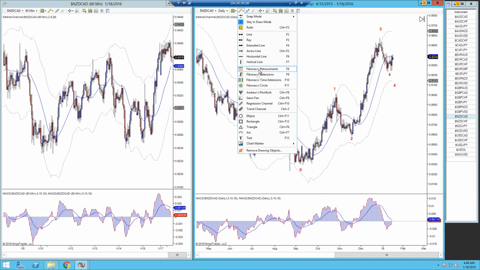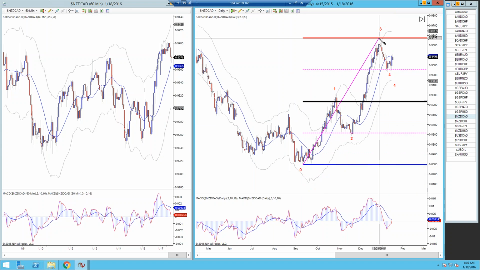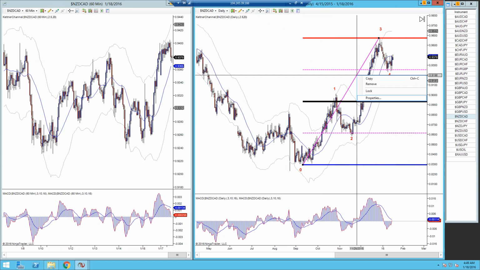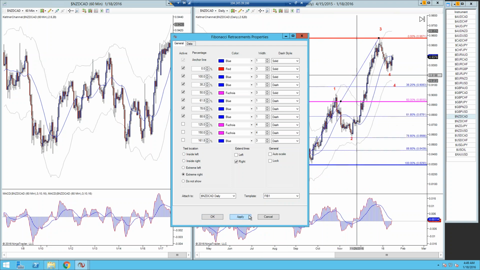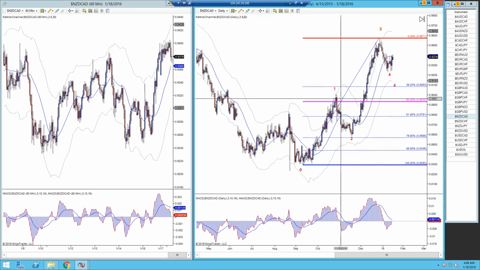So first off, we put the Fibonacci retracements in from here to here. I'm going to do 2 of them. This is 1, and then we're doing this again, okay?